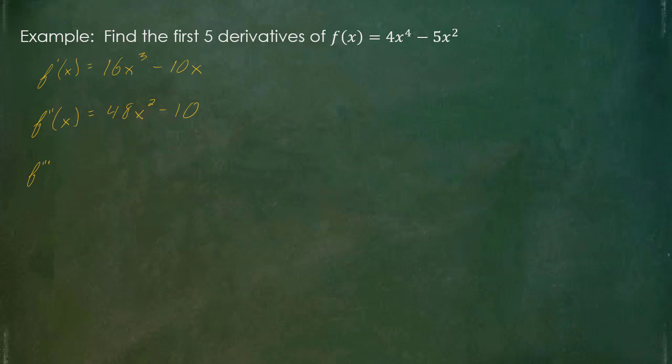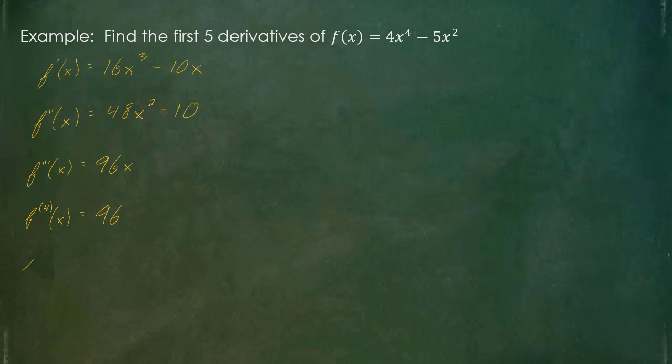Go on to the third derivative. I would have 2 multiply with the 48, which turns into 96, and then x drops by 1, so just x, and the derivative of the constant 10 turns into 0. For the fourth derivative, I'll denote this a little differently: f with (4) of x would equal just 96.